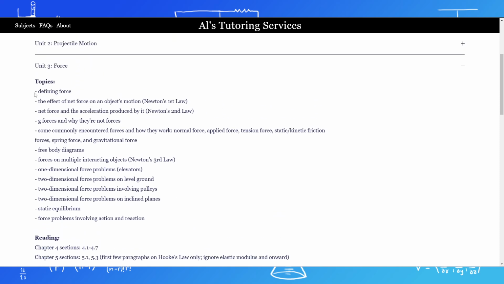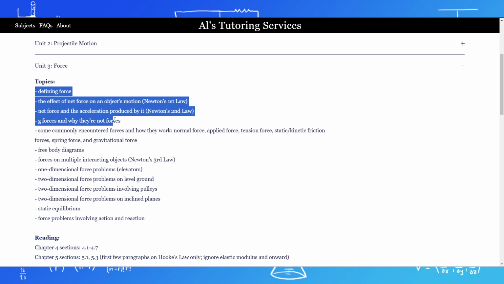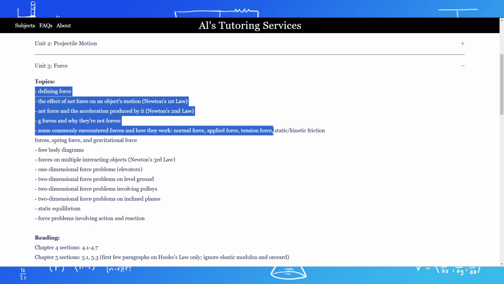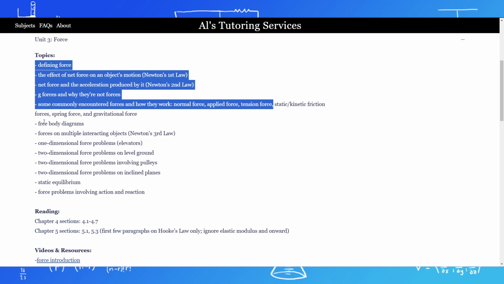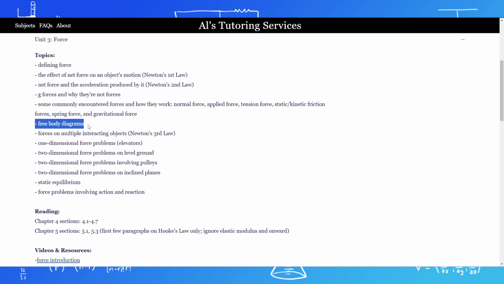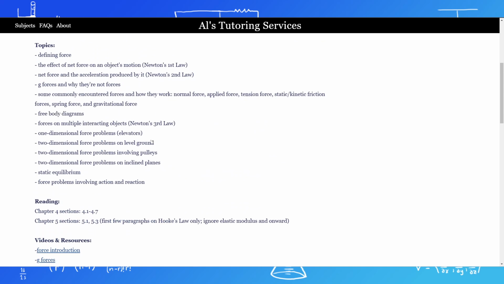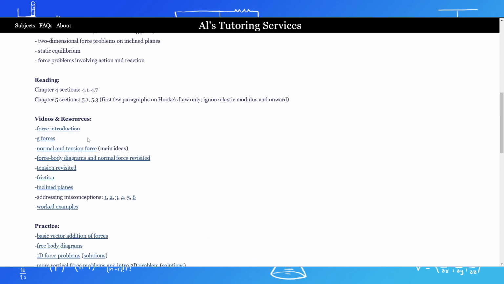But yeah, so you probably want to look up to here for next time. I think that will be enough prep for next week's topics. And we might introduce free body diagrams as well. For the videos and resources, I guess that would be 1, 2, 3. Maybe we'll get to this.